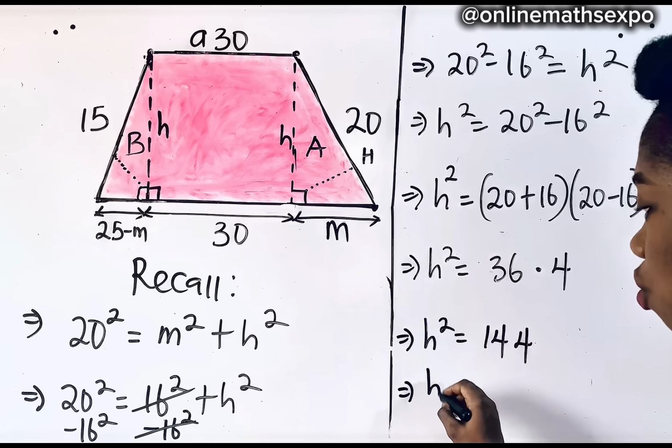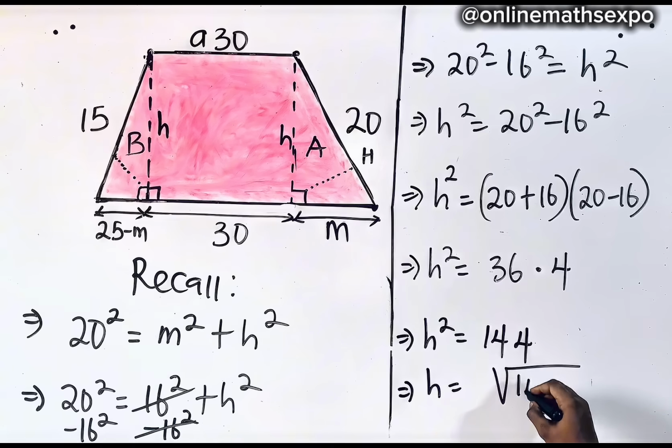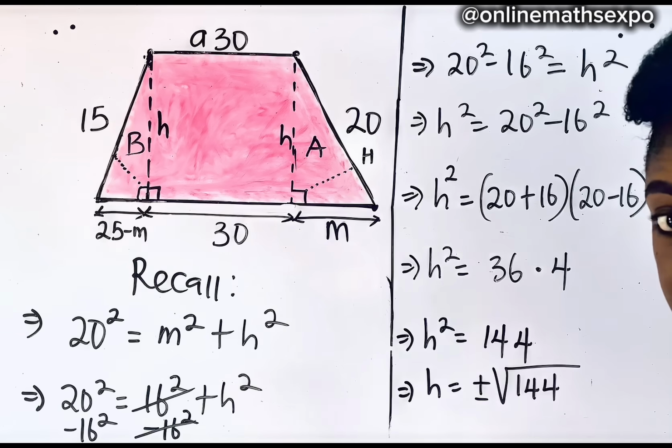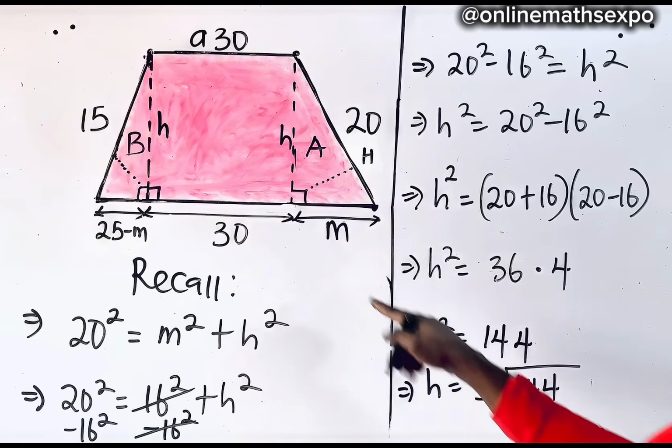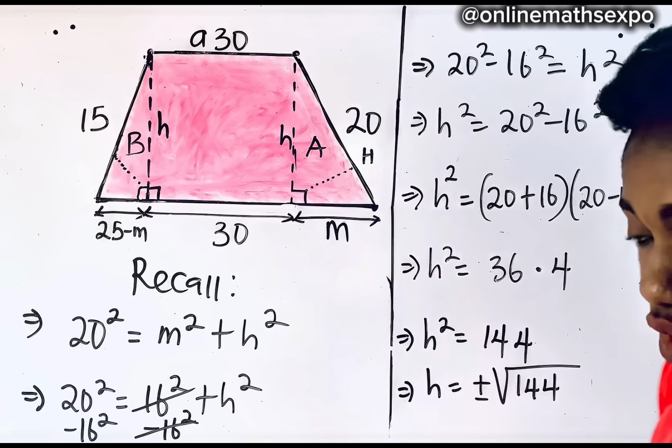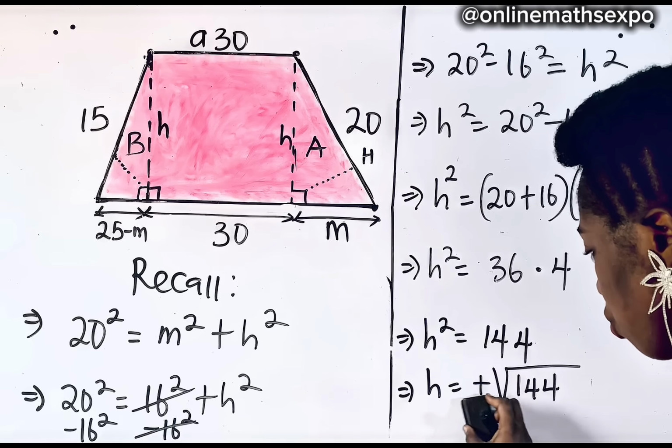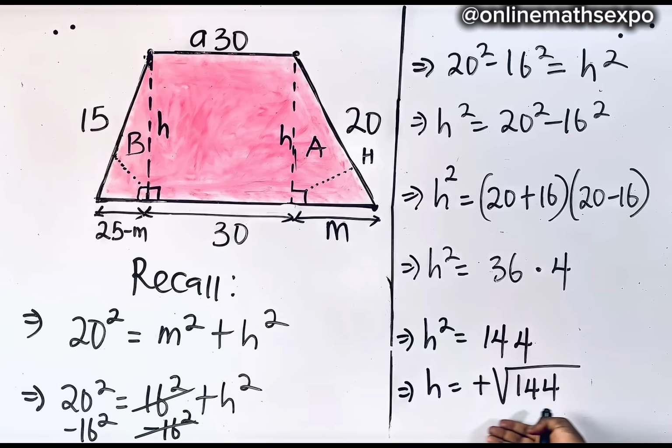In that case, we square root. So we have square root of 144. You get both the positive and negative each time you find the square root when you want to remove a square. But because we are working with the size of a shape, we only need the positive square root. In that case, h will be the positive square root of this. And when you simplify this, our height gives us 12.